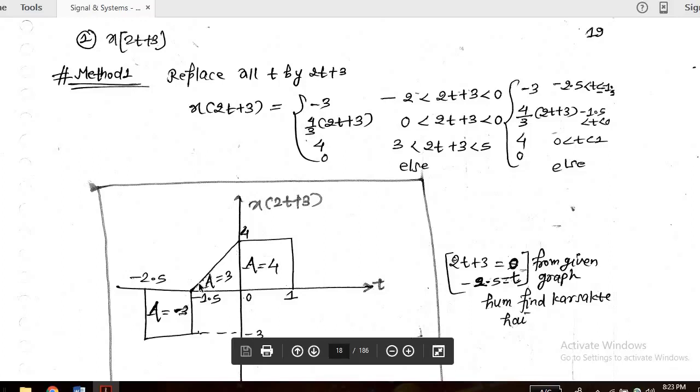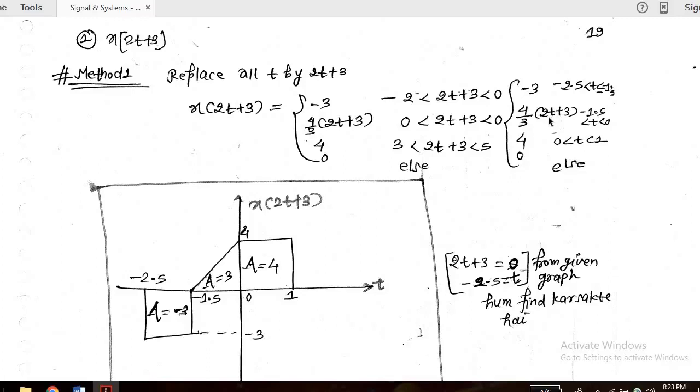Now as the slope is 1, it should be a ramp signal with positive slope 2 into 4 by 3, and it is a straight line not passing through the origin. If it passes through the origin, then its form is y equal to mx, some k times t. But here it is k times t plus some constant, that is the slope intercept form, y is equal to mx plus c.